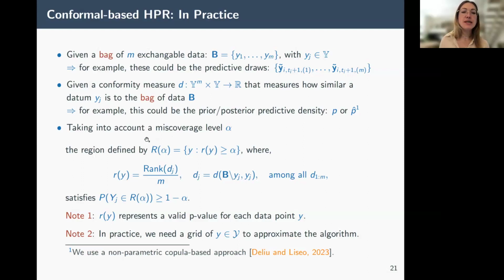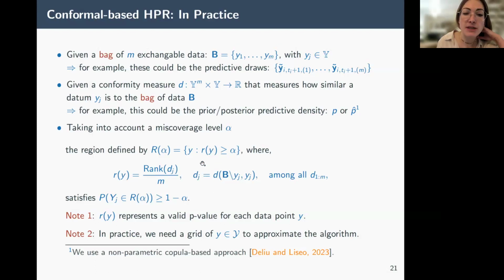The procedure allows us to derive a conformal predictive region, given by all the points for which this R of y is greater or equal than alpha, where R is basically defined as the ratio between the rank of this measure, the observed measure, divided by m, which is the size of our bag.